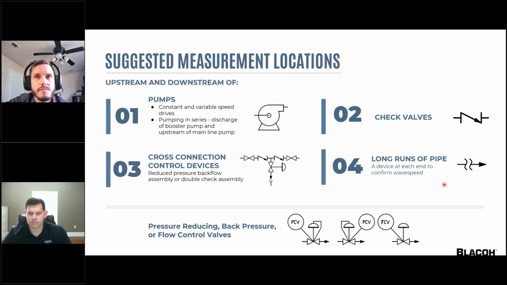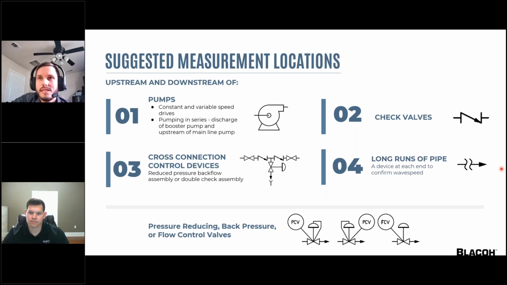Ideally, you want to install the monitor as close as you can to the component that you think might be causing the pressure wave. Or if you know the culprit already, you can place the monitor as close to the expensive equipment that you want to keep protected to see if the actual pressures are safe. You can place them on the suction of pumps to check whether the required NPSH is reached and to detect cavitation.